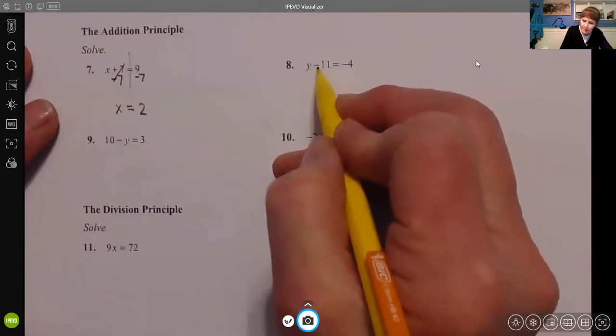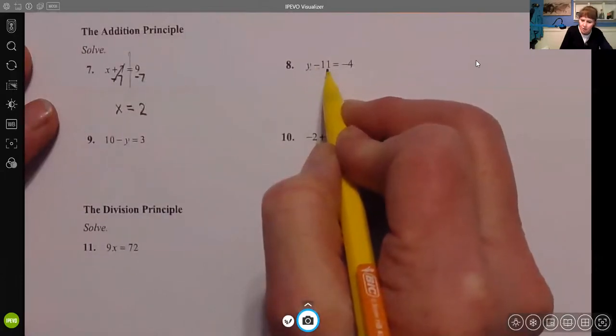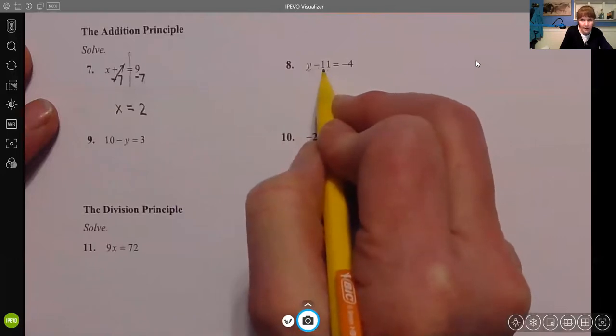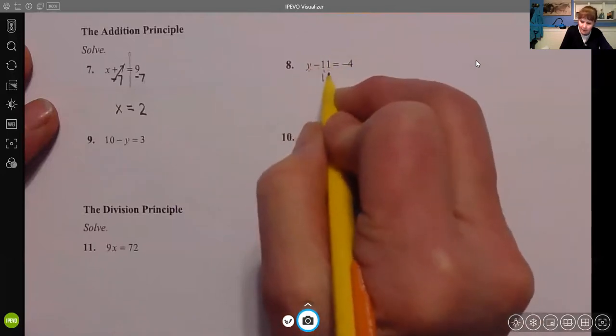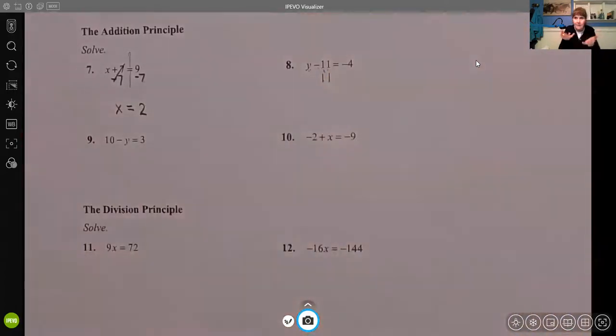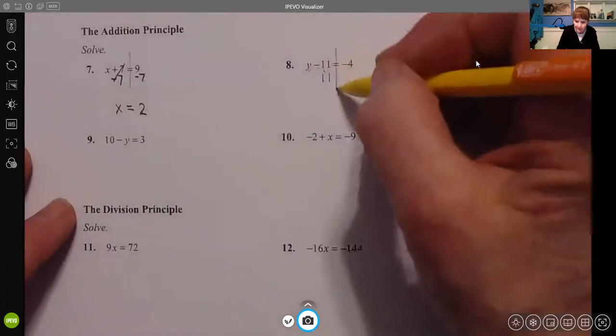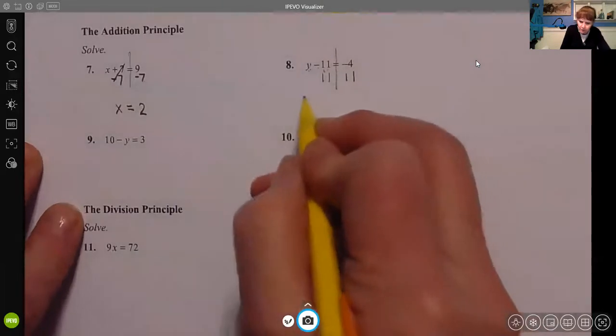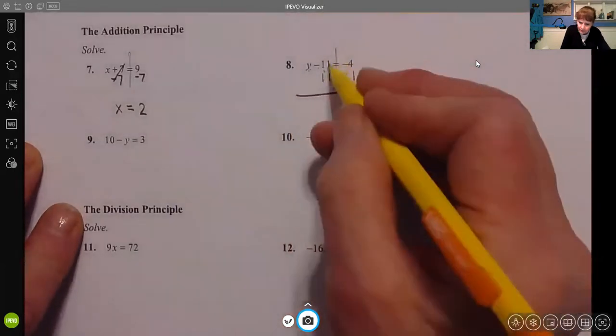Let's go to number 8. This is y - 11. So in order to get the y by itself, I need to get rid of the -11. So I'm going to add a +11. And because you want to keep the equation balanced, it's like a balance beam. If you do something over on the left, you have to do the same thing over on the right. I'll draw a line here. That's gone.